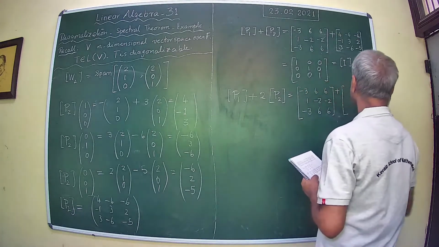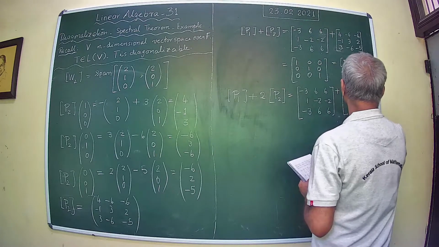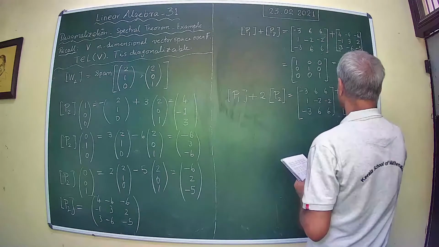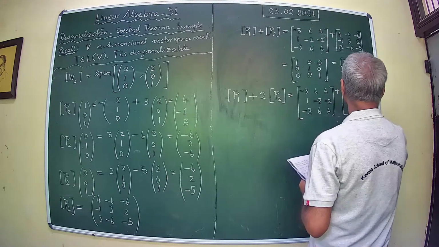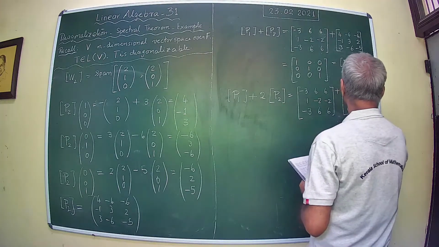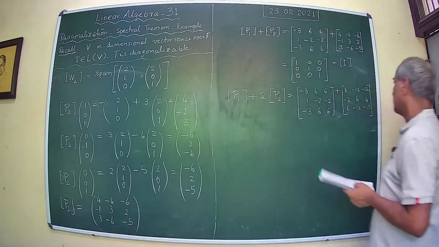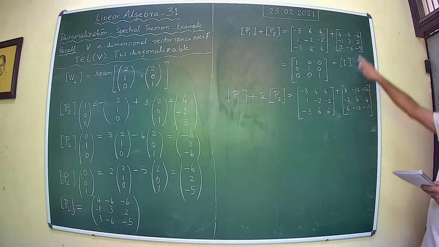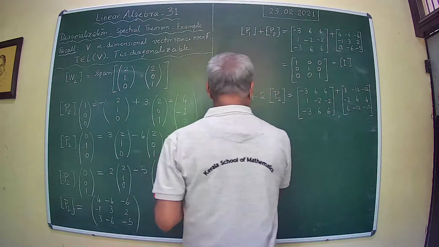Two times that is 8, minus 12, minus 2. Then you have minus 2, 6, 4, 6, minus 12, minus 10. Okay, that is 2 times this particular matrix, which let us work out.